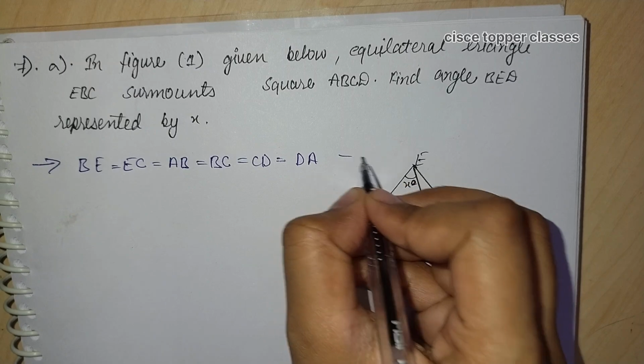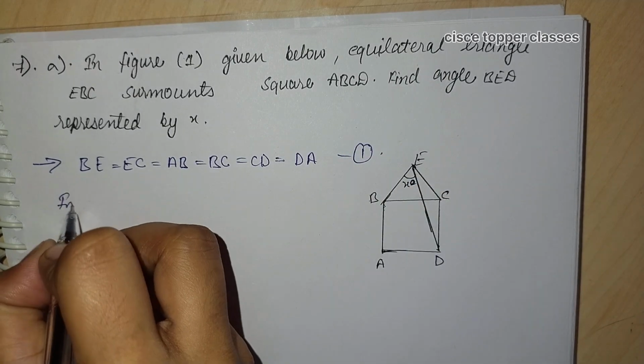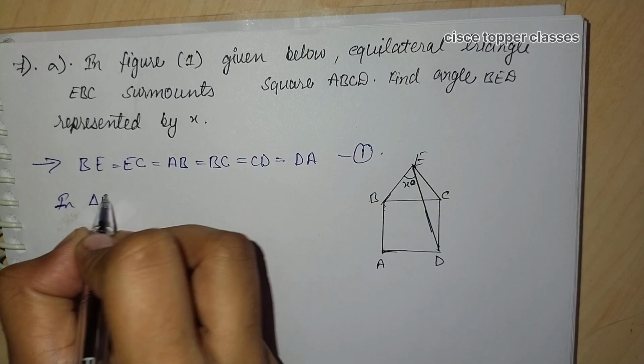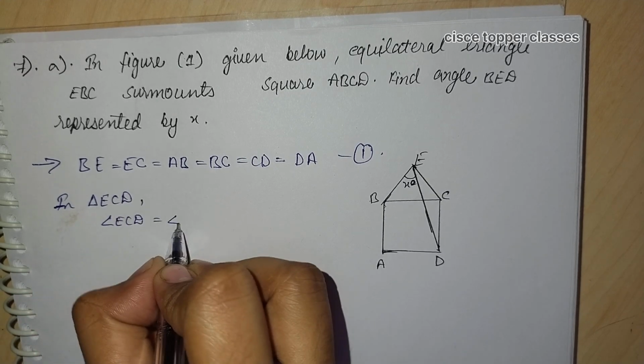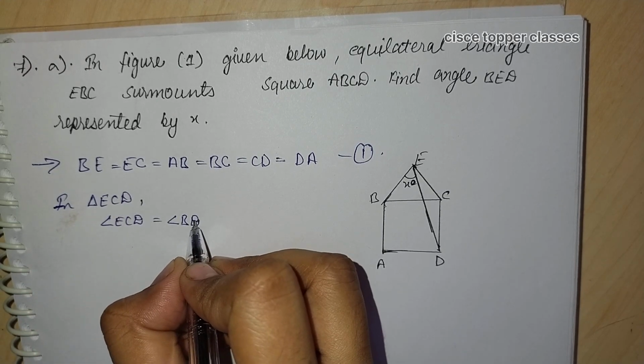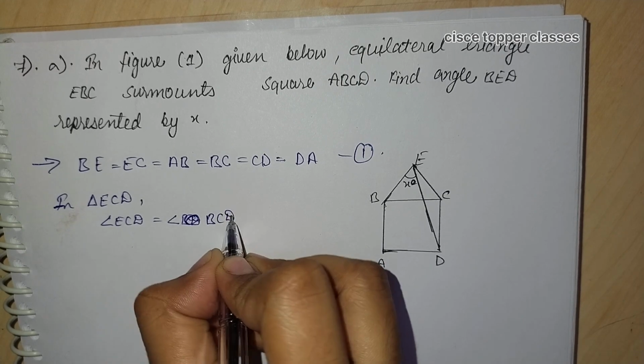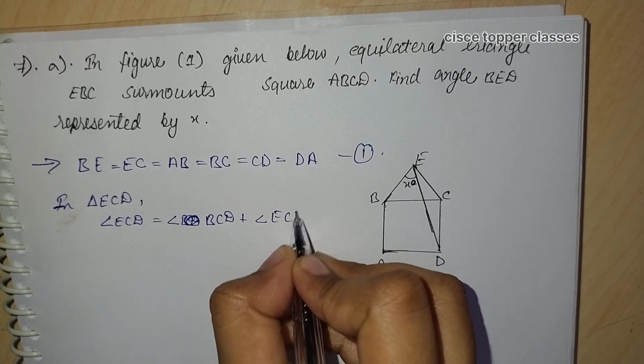Let us put the first equation here. Now in triangle ECD, we can write angle ECD is equal to angle BCD plus angle ECB.